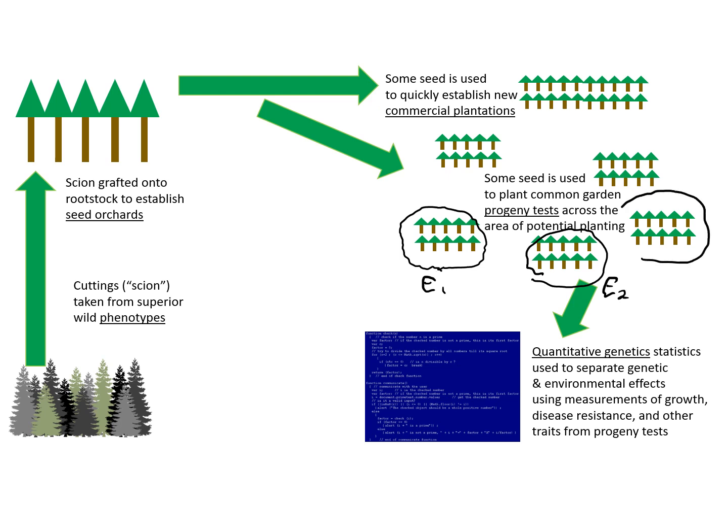So we have tests of these offspring in many different environments, and that enables us to use quantitative genetics to separate out the effects of those different environments from the genetic effects on the traits of interest, whether that's growth, disease resistance, whatever.